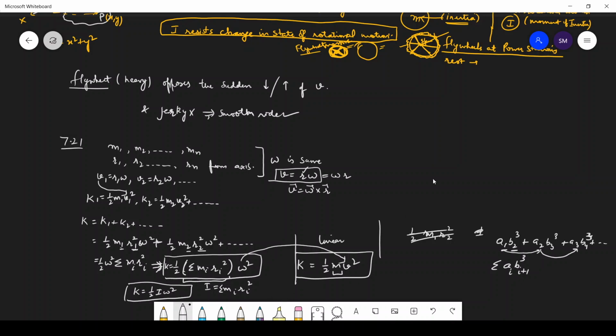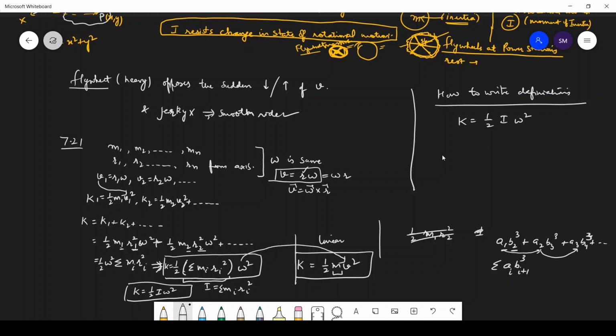Now students, one more thing here. How to write definitions. This is another very important way of writing the definitions. Like kinetic energy is equals to half I omega square.